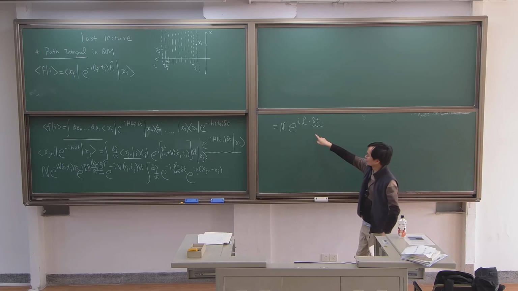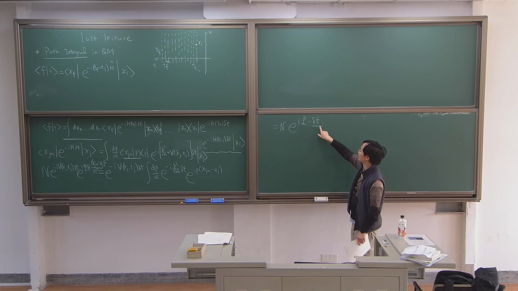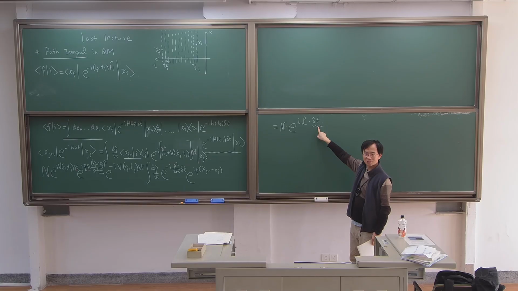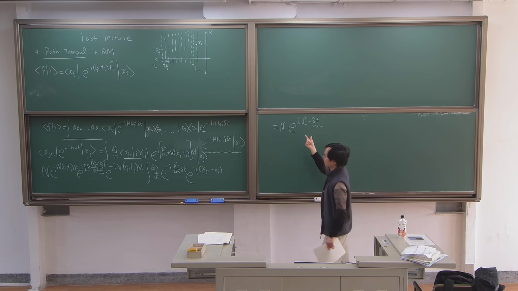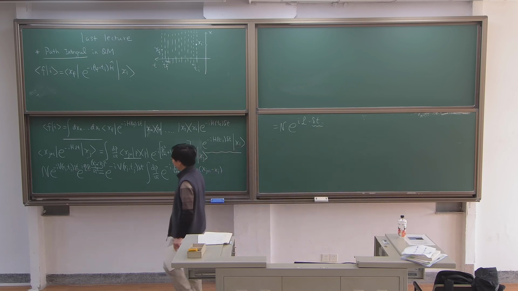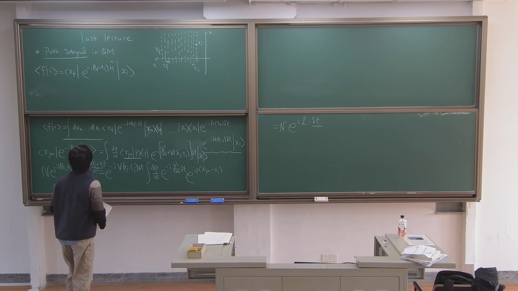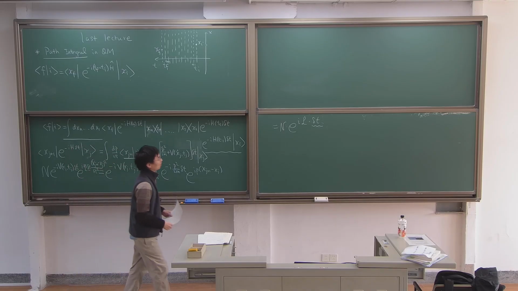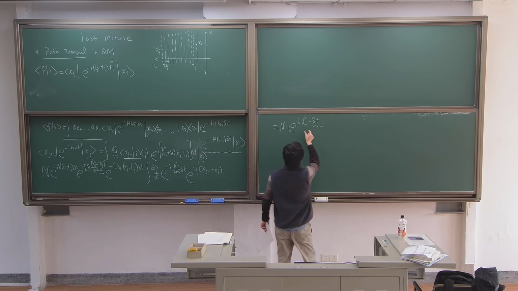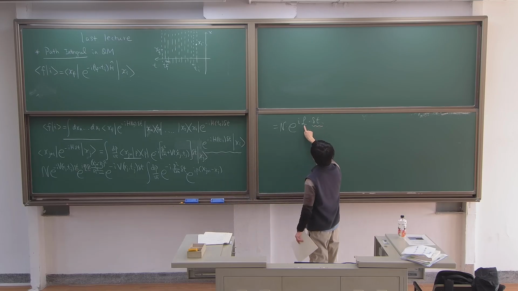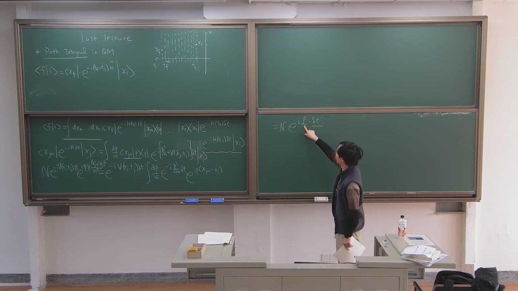In general, L is a function of t, so you do the integral over the time direction. But there's a little subtlety here. After this integral over t, you basically get the action.